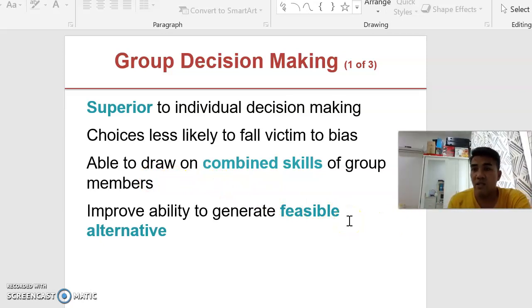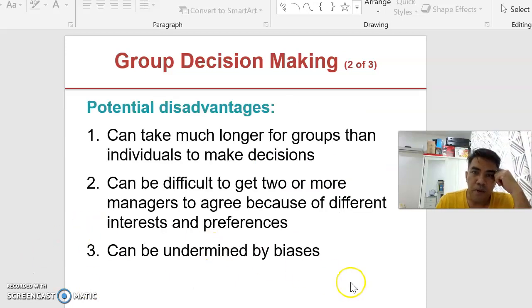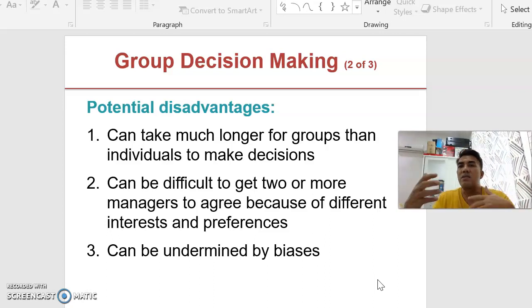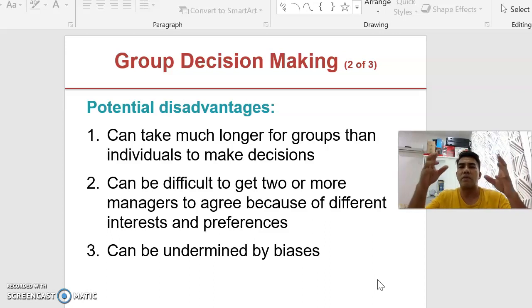That is among the advantages, and there is an improved ability to generate feasible alternatives, because instead of you making that decision alone, there are more heads involved, and of course we would be able to generate more feasible alternatives.